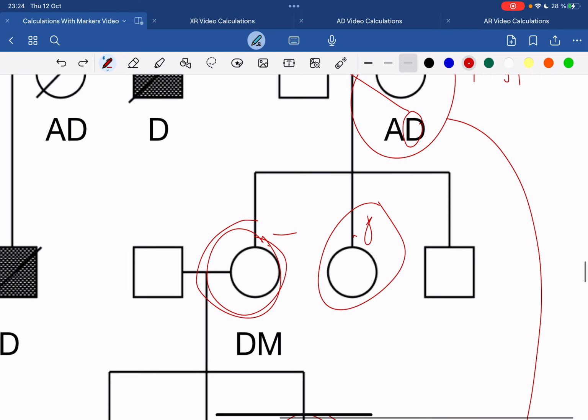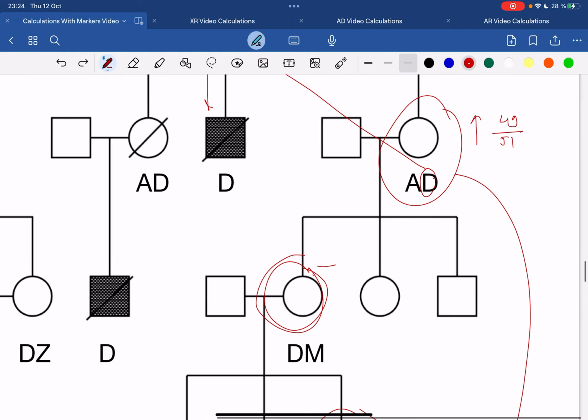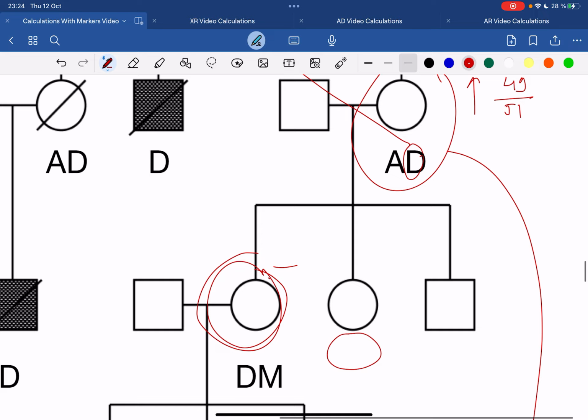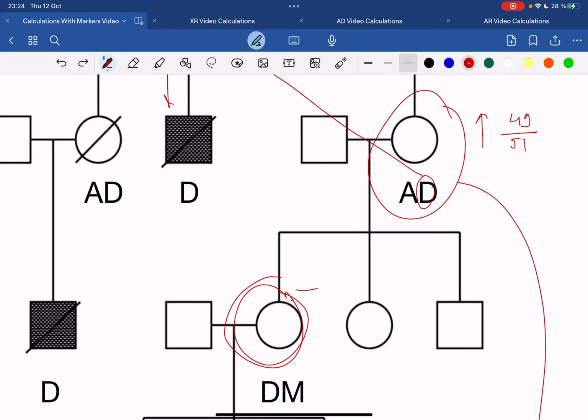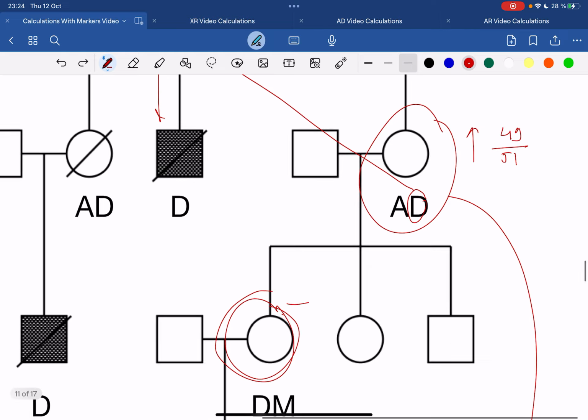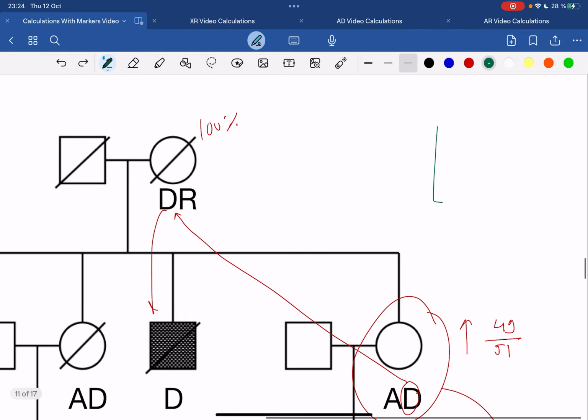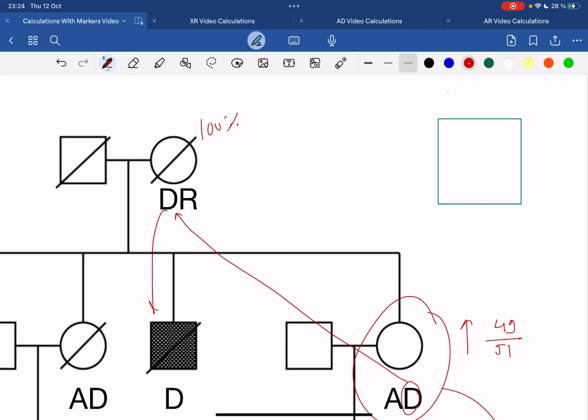Now we have to assume what is the chance for this daughter to be a carrier, and because we don't know, we can't see any markers, we have to just revert back to the Punnett square. And in our case, let's assume that our mother is a carrier, father is not.